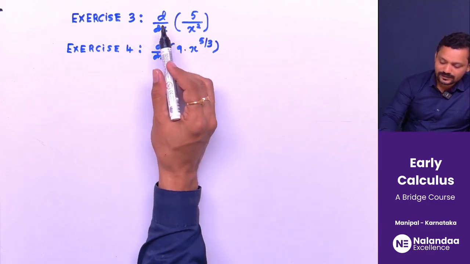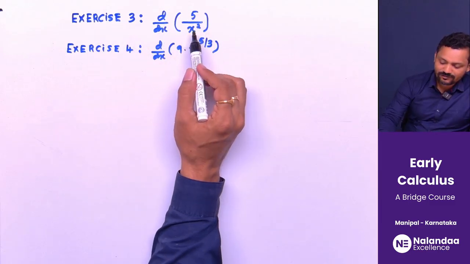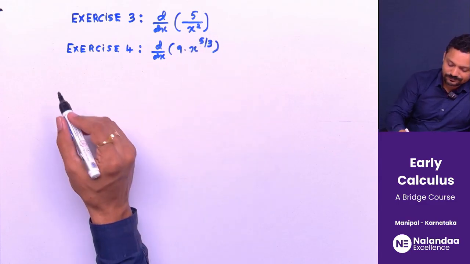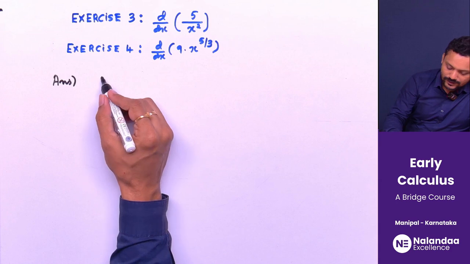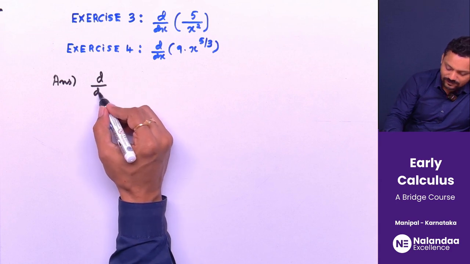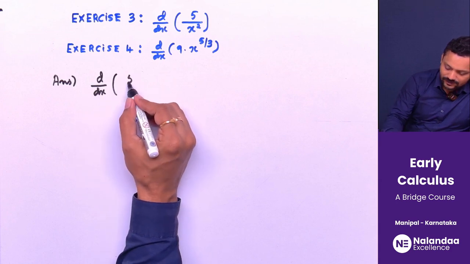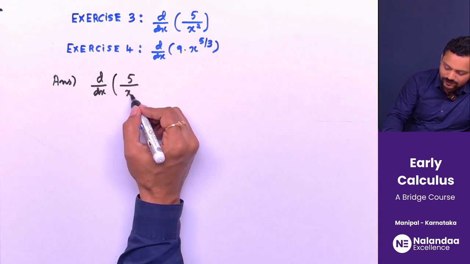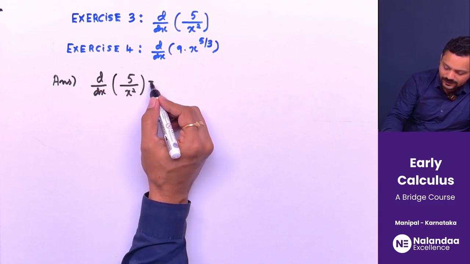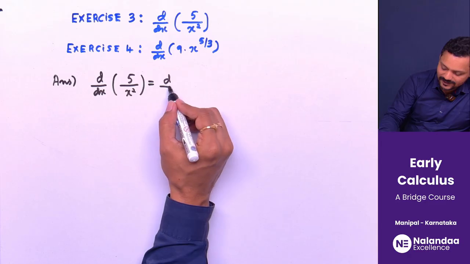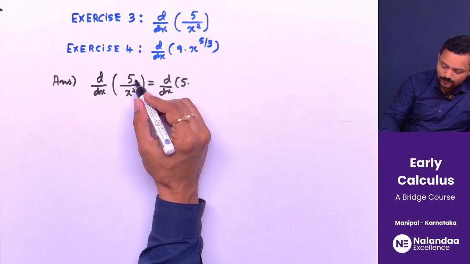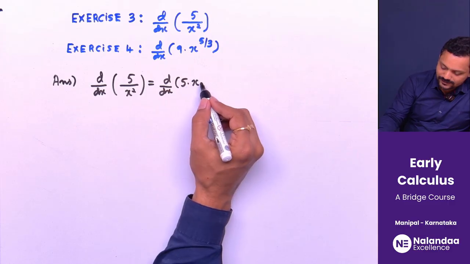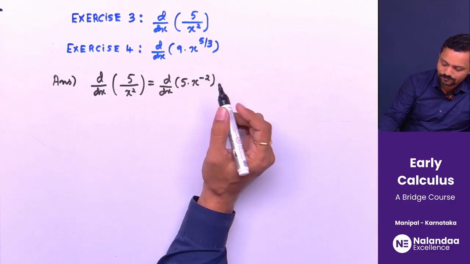Now exercise 3, we will find d by dx of 5 divided by x square. So let us answer this question. 5 by x square can be written as d by dx of 5 into x power minus 2, since 1 by x square is x power minus 2.